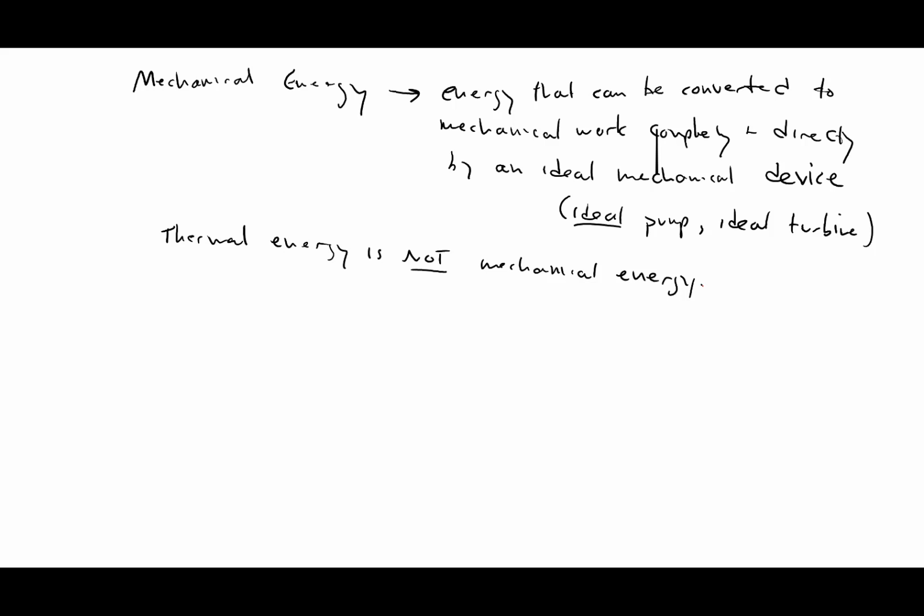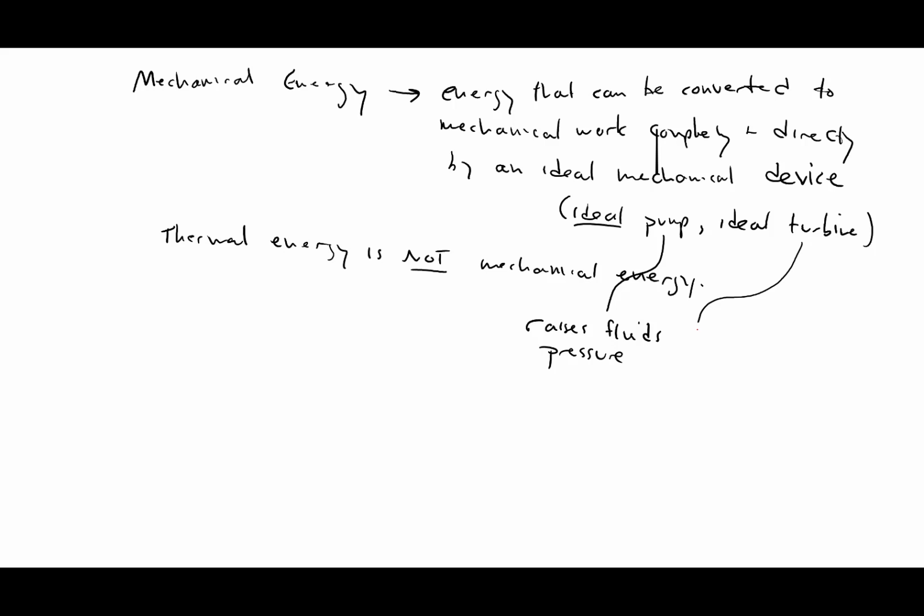So what does a pump and a turbine do? A pump basically transfers mechanical energy to the fluid by raising its pressure. When the fluid's pressure is raised, that is transferring energy to the fluid. A turbine does the opposite.